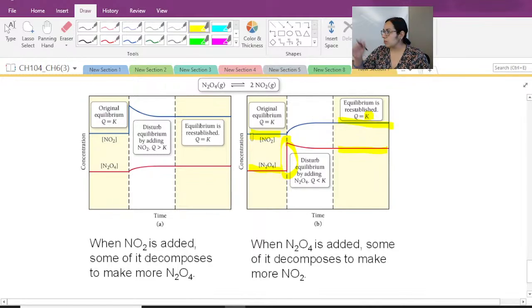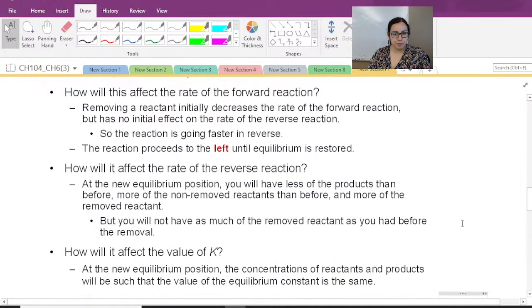And then it mentioned something, right, you have more of your product. And so again, that's all that's saying here is that we make more of our NO2 as our equilibrium pushed it to the right. So pretty wordy, but it's really not saying that much.